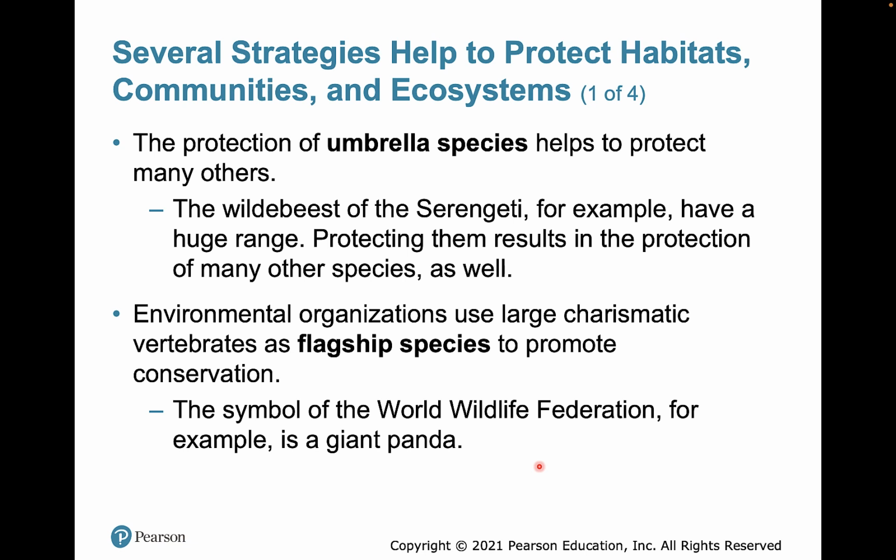So if you protect the wildebeests in the Serengeti, you're going to protect a lot of other organisms in addition to the wildebeests. And then you can make the plight of certain organisms more well known by making them a flagship species, such as the panda. The giant panda is the flagship species for the World Wildlife Federation.